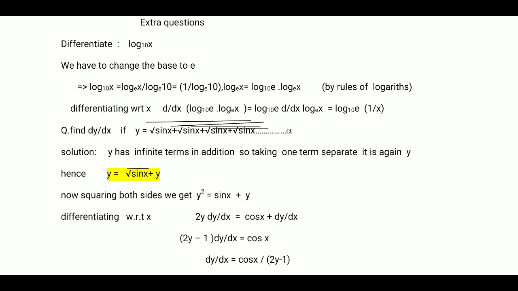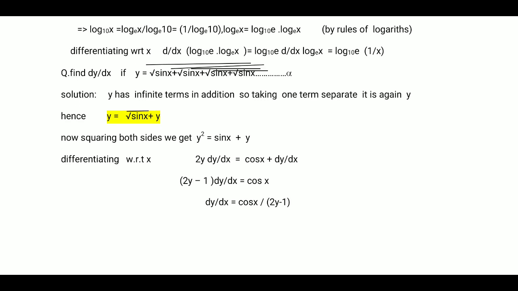Now you can differentiate it with respect to x. Differentiation of y square is 2y into dy upon dx, and differentiation of sin x is cos x, plus dy upon dx, the differentiation of y. Now separate the dy upon dx terms. We can take common: 2y minus 1 into dy upon dx is cos x. So dy upon dx is equal to cos x upon 2y minus 1.